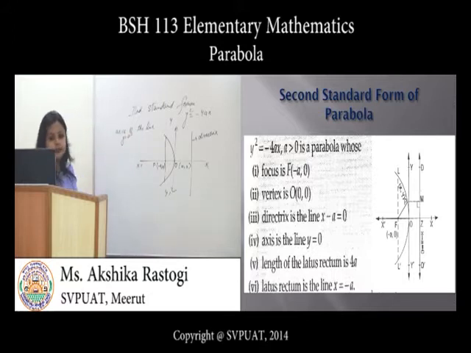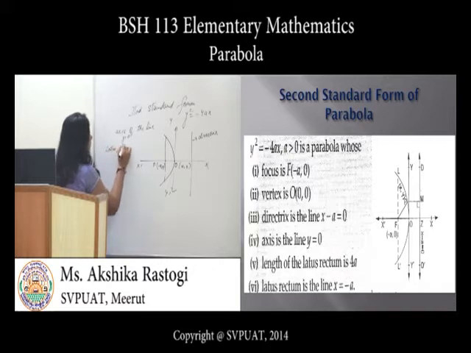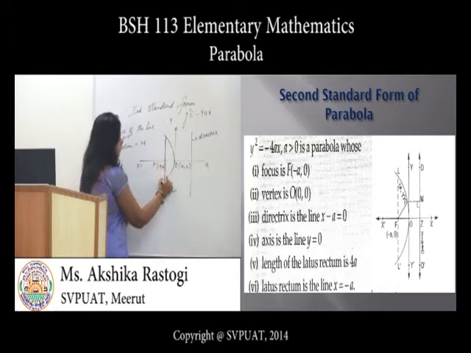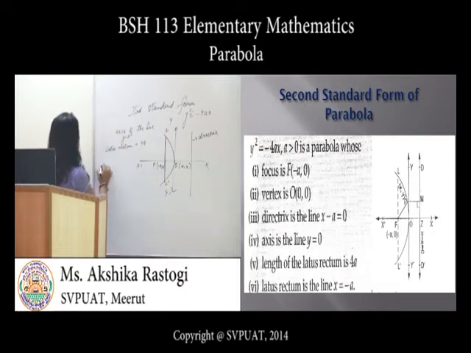Now the length of the latus rectum is also 4a, and the latus rectum line changes. If we consider it as LL dash, the line of the latus rectum will be x equals to minus a.